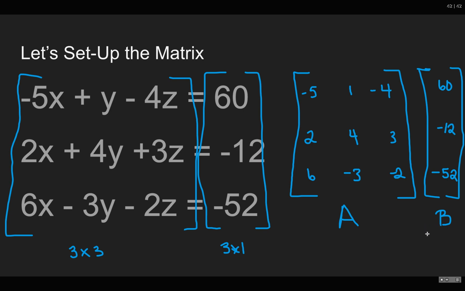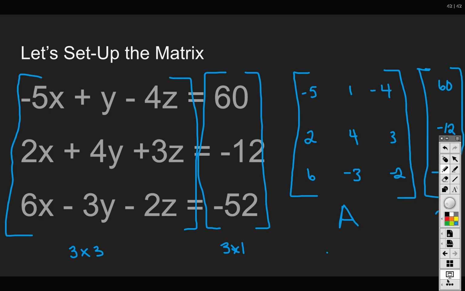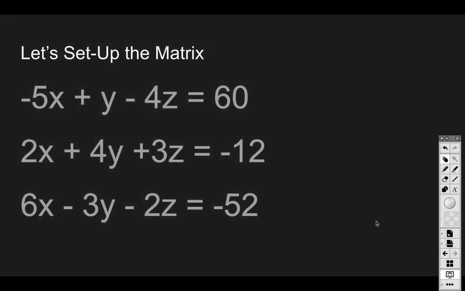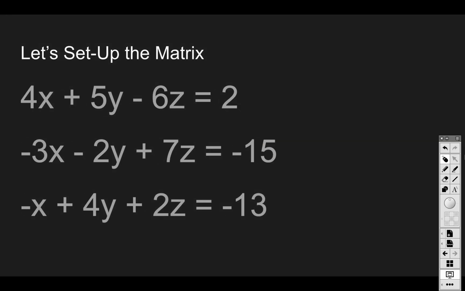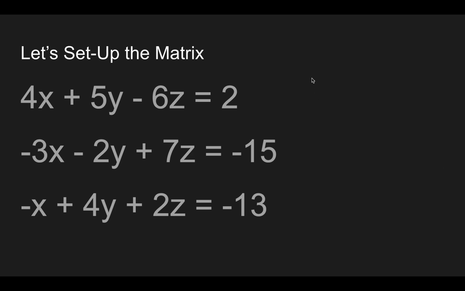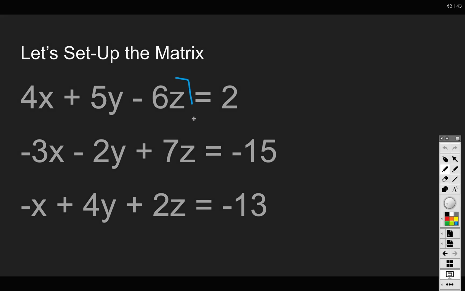Let's make sure we understand. Again, you bracket and you bracket.